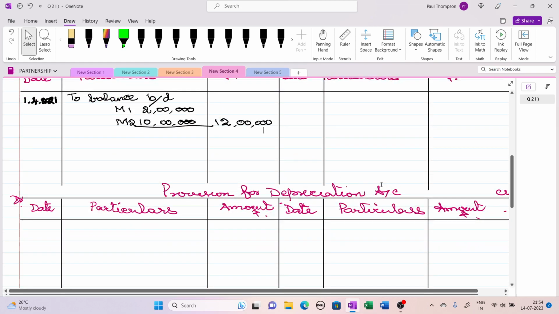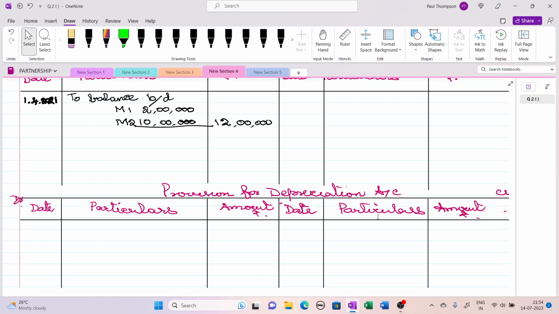So next they say that in the provision account, the balance available, that was also on 1/4/2021, it was 4,65,000. Provision means immediately you should understand that it will have a credit balance. So we are writing the balance brought down on the credit side, by balance brought down.